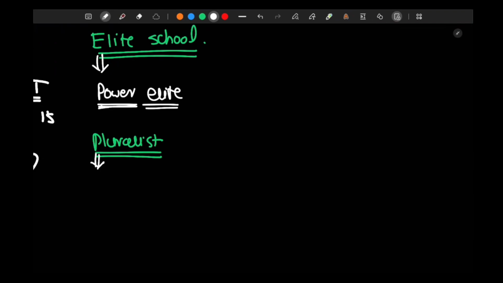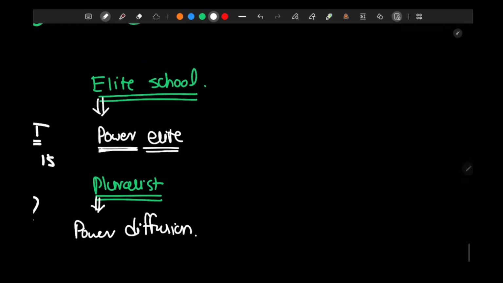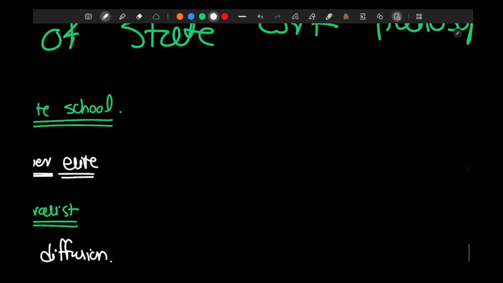Pluralists say that power is not concentrated, but diffused with multiple actors. They talk about power diffusion. We are going to understand both pluralist and elitist school in theory of democracy, because it fits there more appropriately.